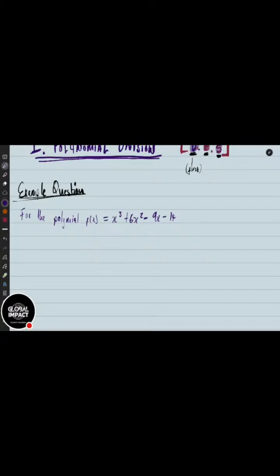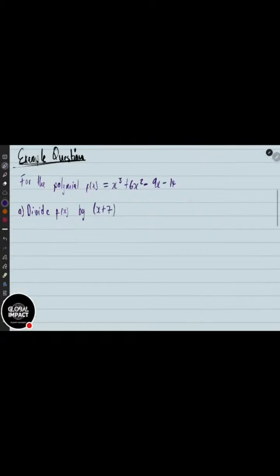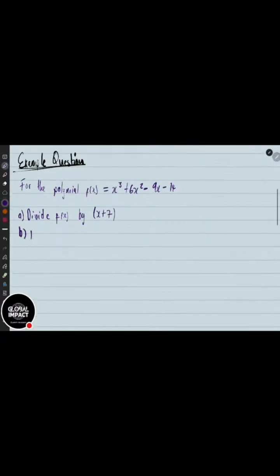Part A: divide f of x by x plus 7. Part B: find the remainder. After this, we'll end up talking about the remainder theorem. Find the remainder when f of x is divided by x plus 3.